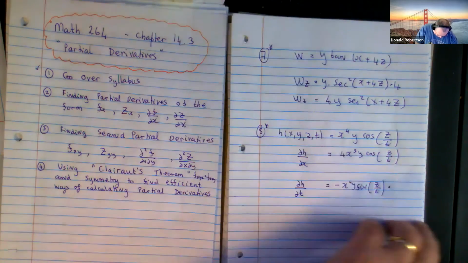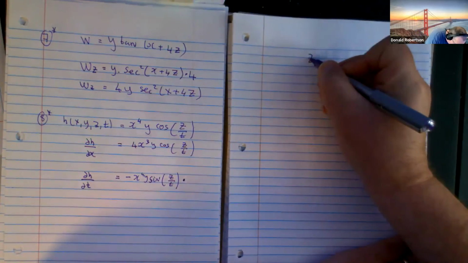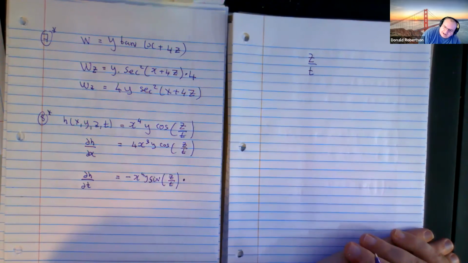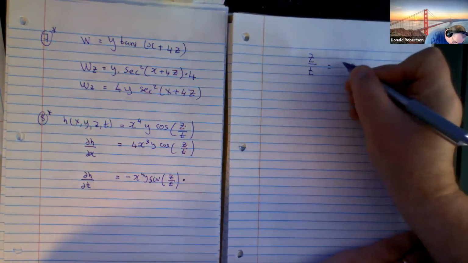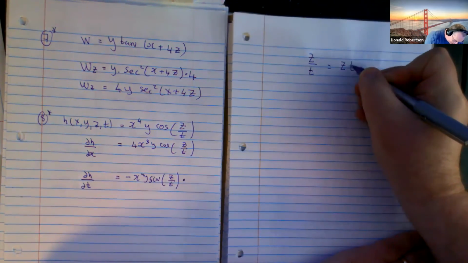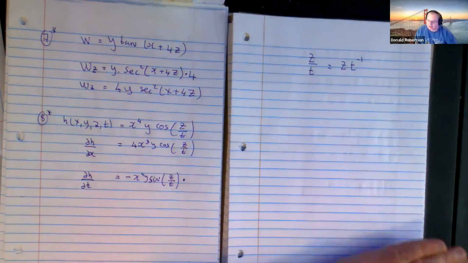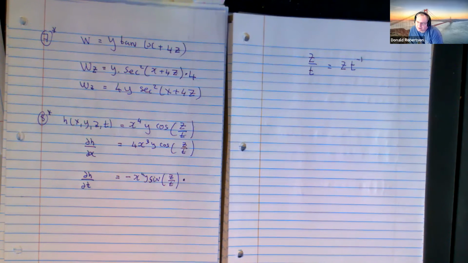Now, if something is ugly or weird or just doesn't make a lot of clear sense, take a piece of scratch paper and take it on its side and say, okay, that's the guy that I want to differentiate. If I want to differentiate that guy, wouldn't it be a good idea to rewrite it as a negative 1 power? And if you write it like that, can't I just do the power rule?